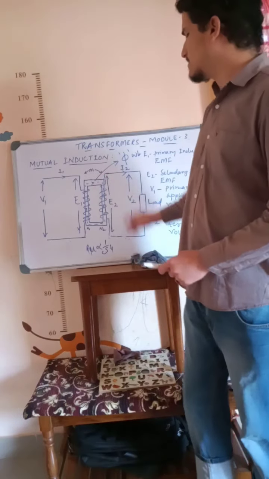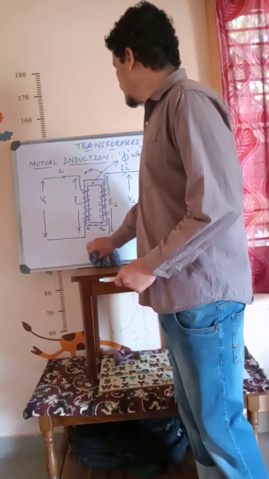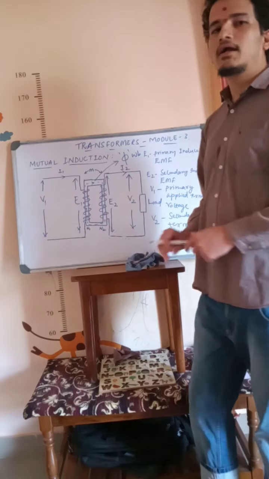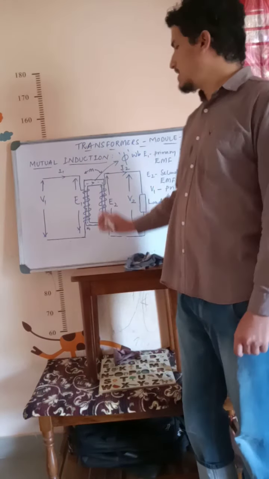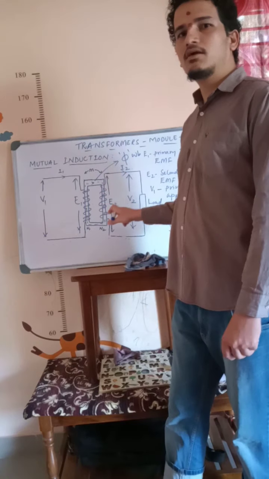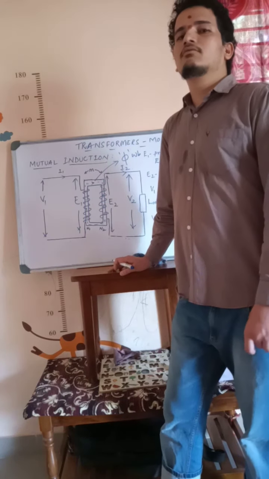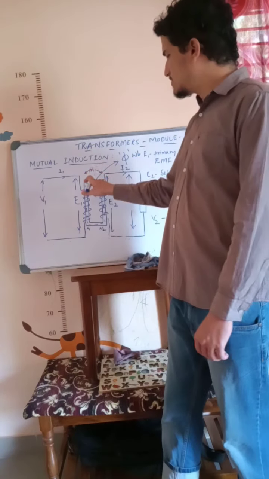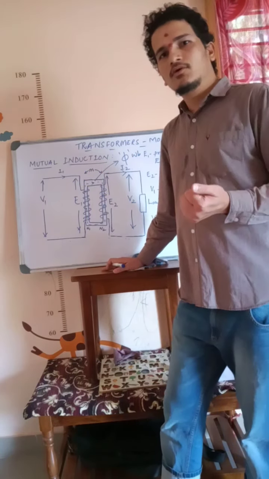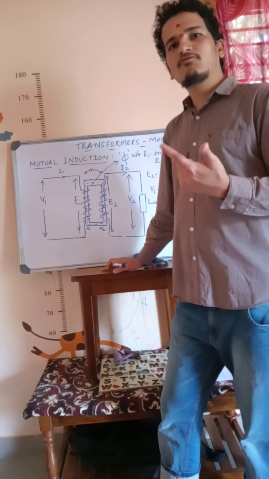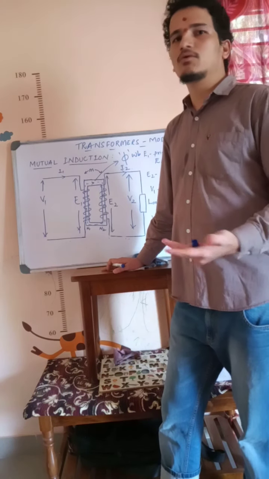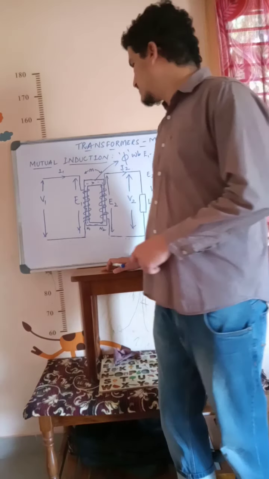So the magnetic core will be of high permeability and low reluctance, and it will give a path for the flow of magnetic flux. Usually the magnetic core is made of silicon steel or ferrite or any iron alloys or powders, we can say.